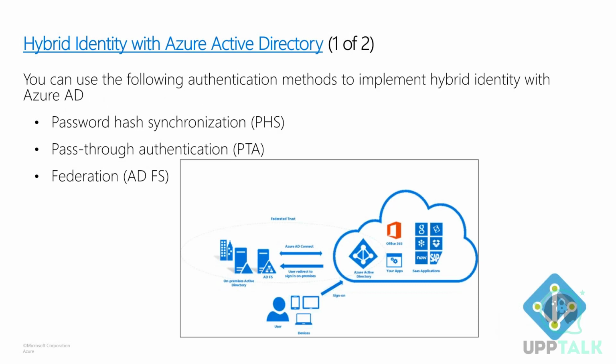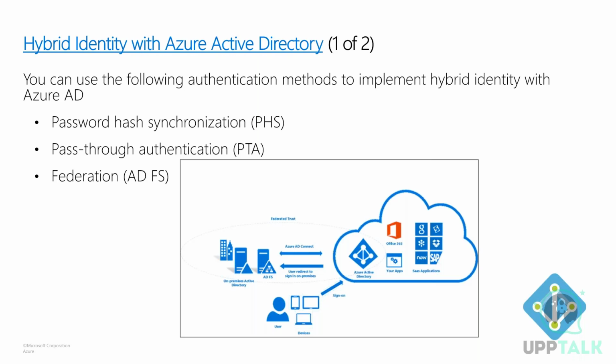When you use the word hybrid, it basically means integration or communication between two environments. The first environment is your on-premises environment, and the second environment is the Azure environment. Any setup between these two, that is what is referred to as hybrid. Here you have three types of synchronization.